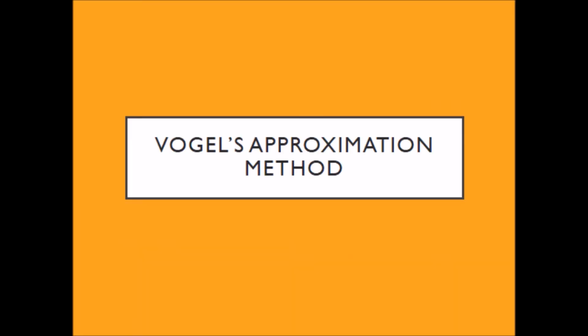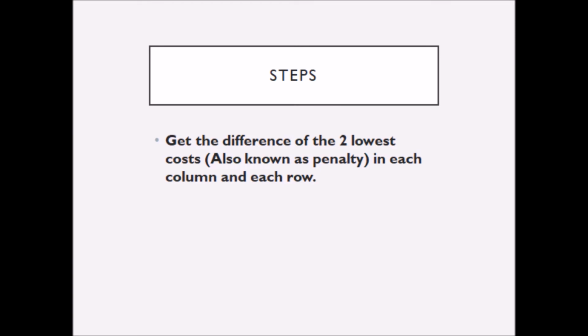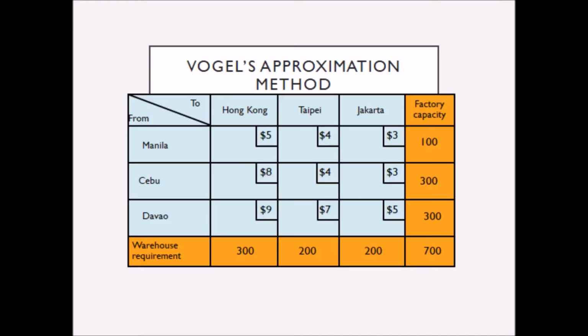Now, let us proceed to Vogel's Approximation Method, which requires us to get the difference of the two lowest costs, also known as the penalty, or the opportunity cost or opportunity loss, in each column and each row. So let's go back to the table that we set up a while ago.